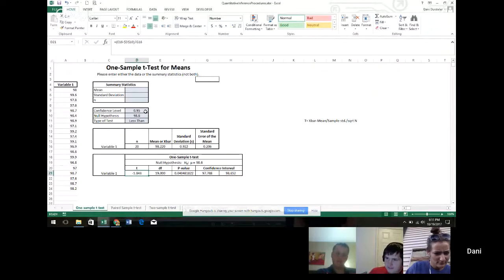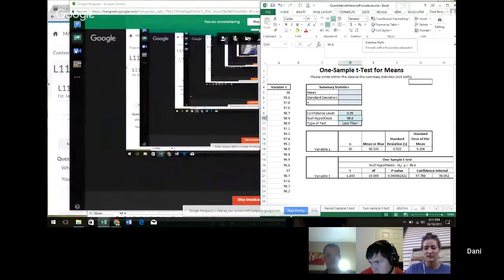Okay, there we go. I have it set up as confidence level, and then null is 98.6. Type of test is less than. Okay. That's why I didn't set that part. Negative 1.843. Yep. Perfect. Okay. Thanks.